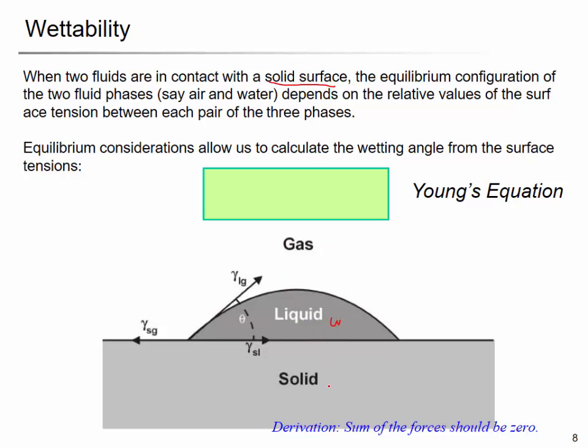Then surface tension is acting here in three directions. You have a surface tension between solid and gas, between the solid and liquid, and between the gas and liquid. At this point, the force equilibrium should be satisfied.